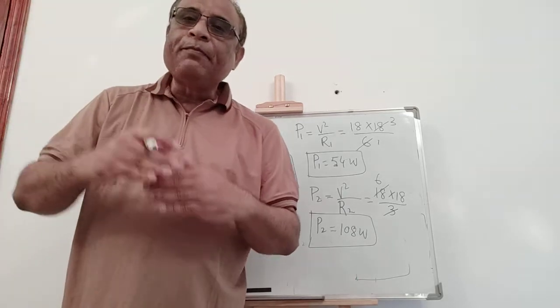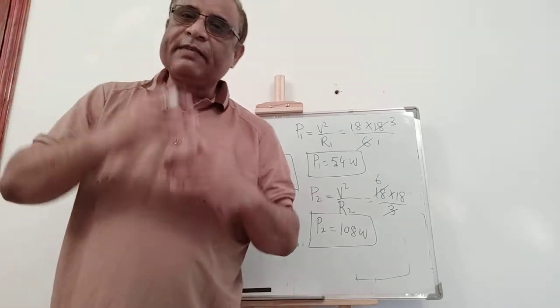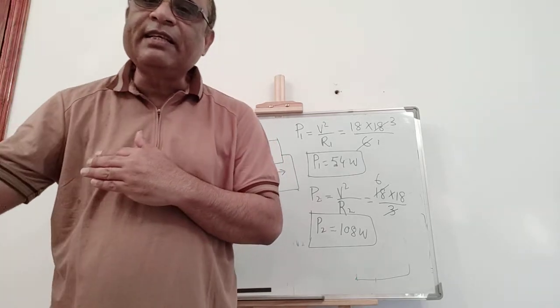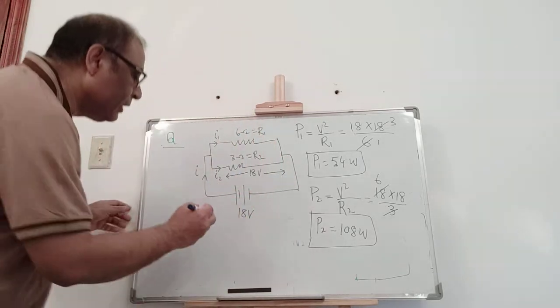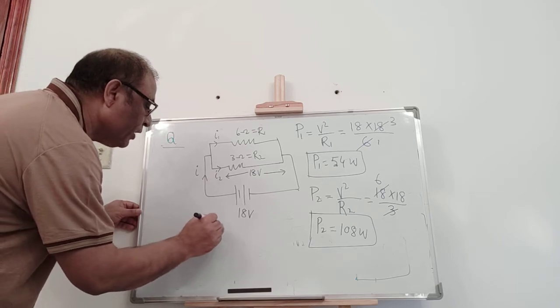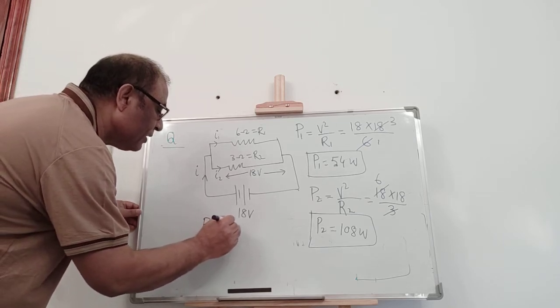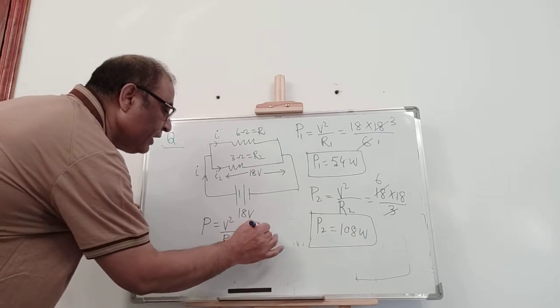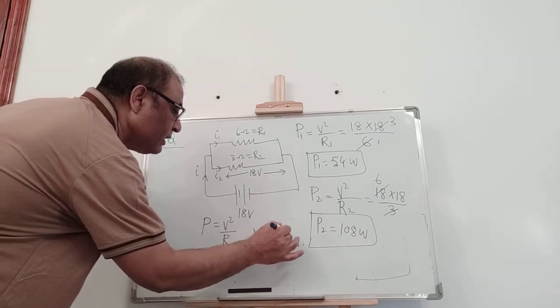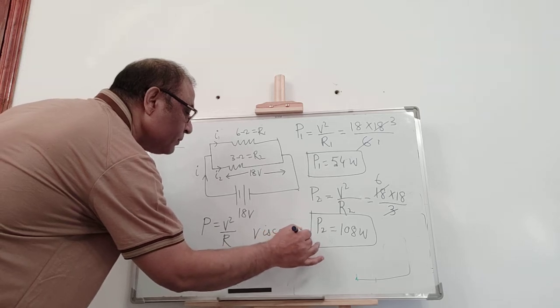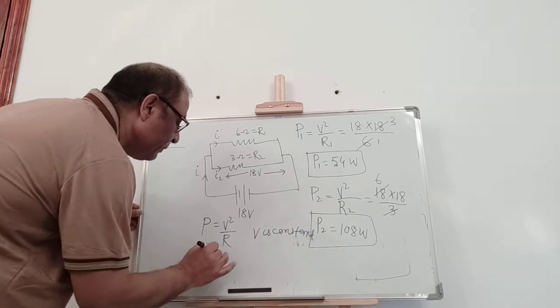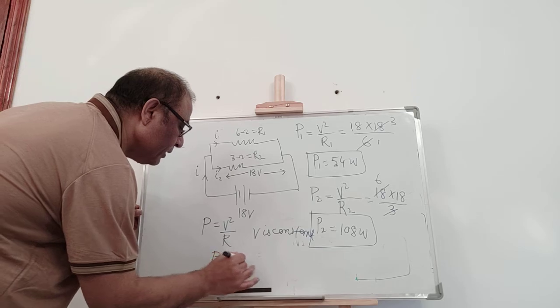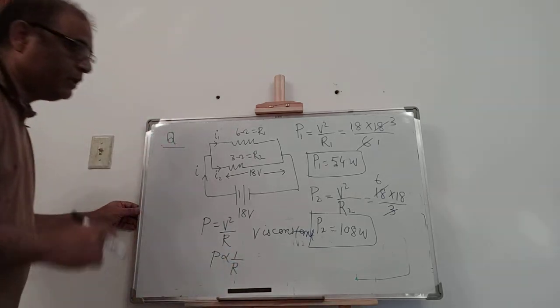But in parallel, more resistance, less power; less resistance, more power. So if we write P equal to V square by R, when V is constant because the voltage is constant for both, then P is proportional to 1 by R.